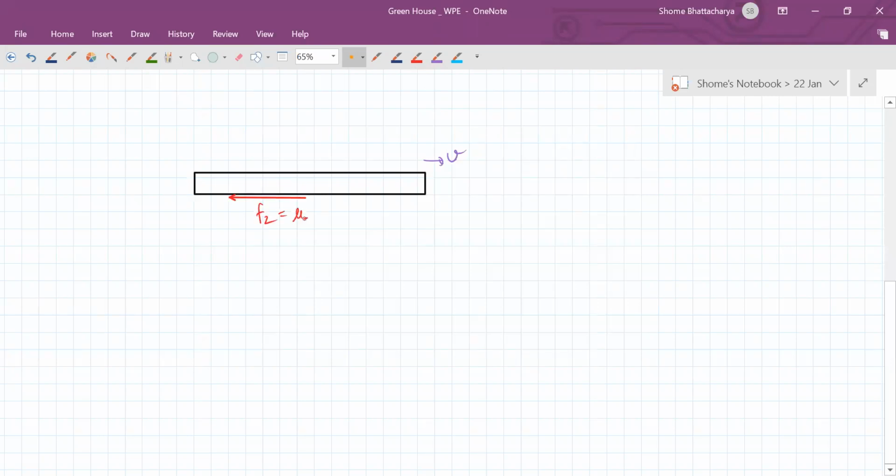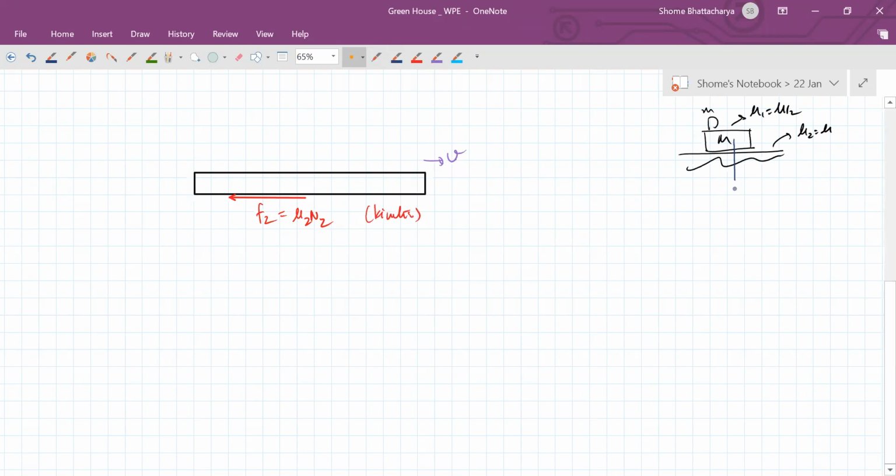So it is mu2 N2, where this coefficient of friction you're taking as mu. This one is mu by 2. Because it has this velocity, this is kinetic friction. Let's also understand the normal reactions.